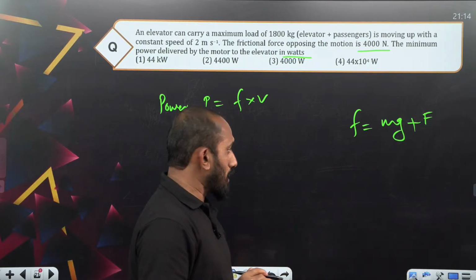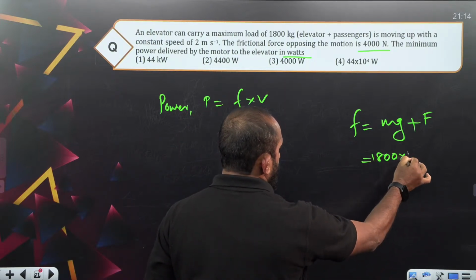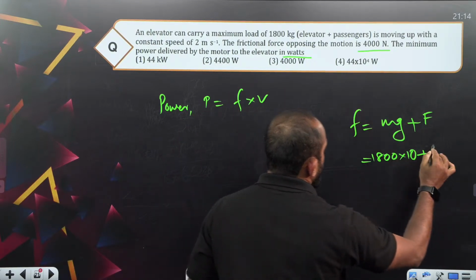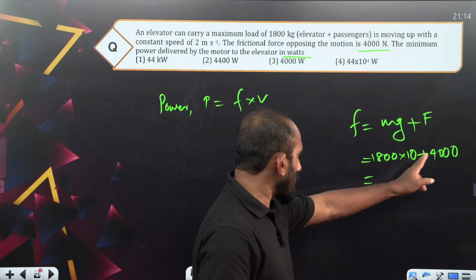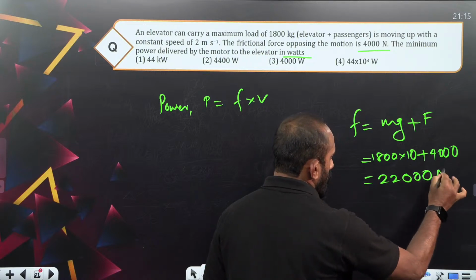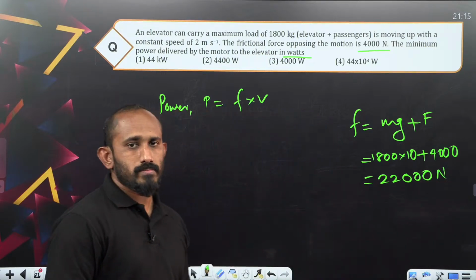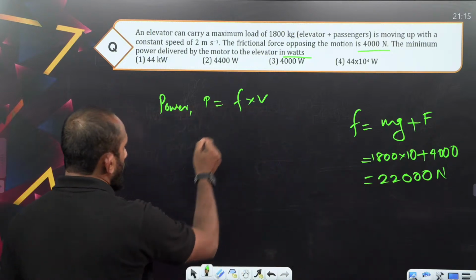So total mass is 1800 into g is 10, plus the friction force 4000. So this will be 18,000 plus 4000, that is 22,000 Newton. So that is F. Then into V we have to do.